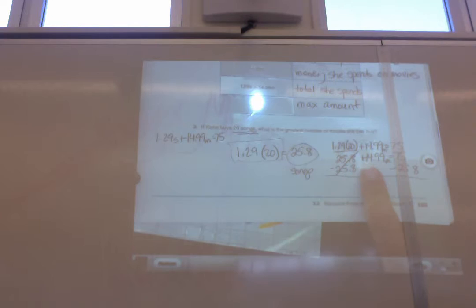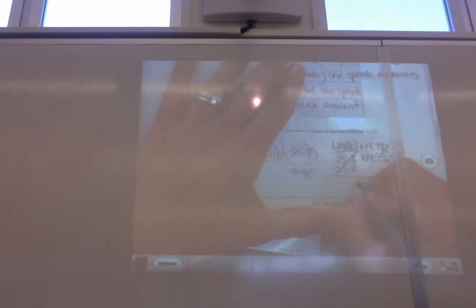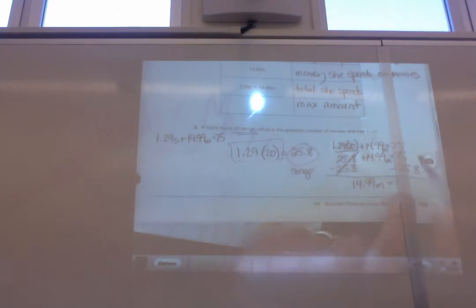What's left on this side of the equation is 14.99M. What's left on this side is what you get after you subtract the 25.8 from 75. 75 minus 25.8, 49.2. Now that doesn't tell me a number of movies yet. That tells me how much money's left to spend on movies.